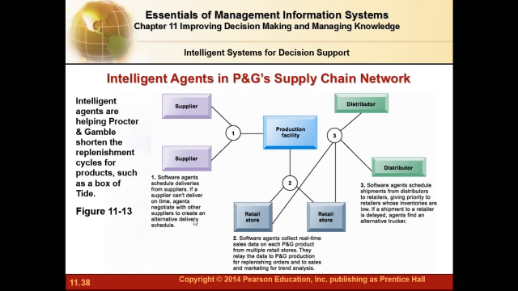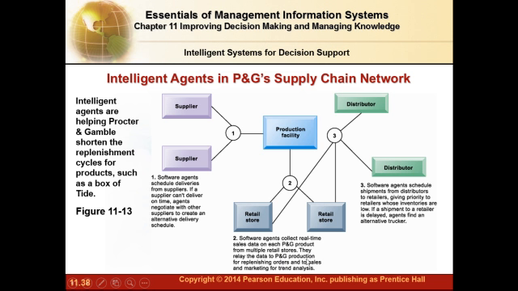This figure demonstrates intelligent agent technology at work in the P&G supply chain network just now. You can read it by yourself. Software agents schedule deliveries from suppliers. If a supplier cannot deliver on time, agents negotiate with other suppliers to create an alternative delivery schedule. In the retail store, software agents collect real-time sales data on each P&G product from multiple retail stores.